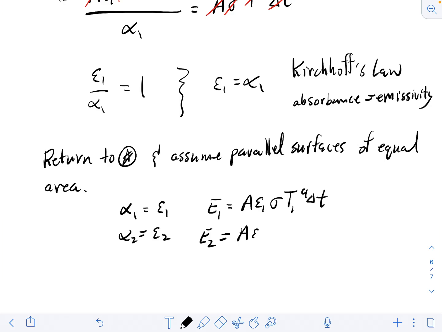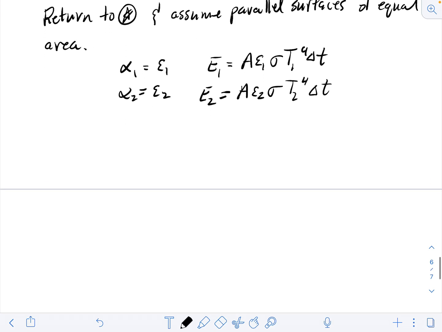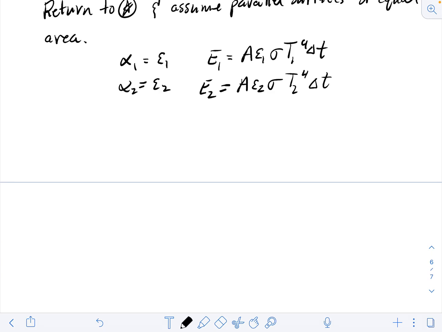We just used that condition to establish Kirchhoff's law, but now surface 2 doesn't need to be a black body. It could have some emissivity different than 1. And it's at some temperature T2.